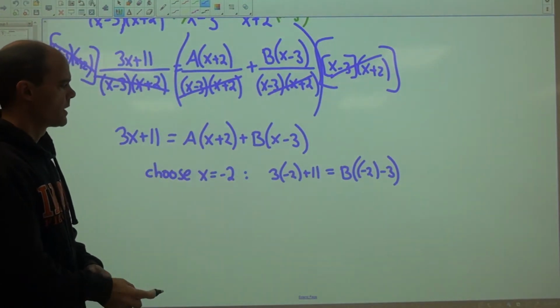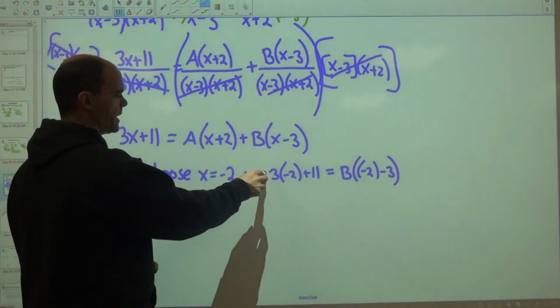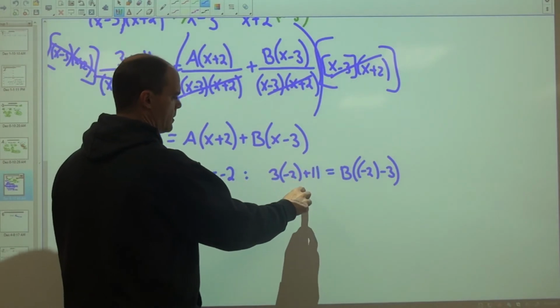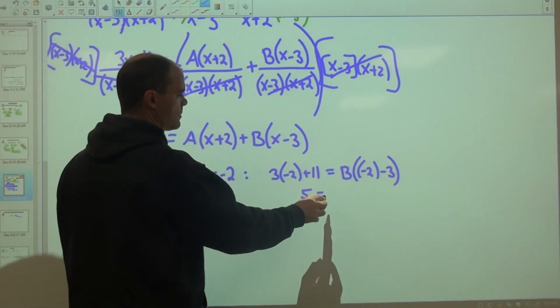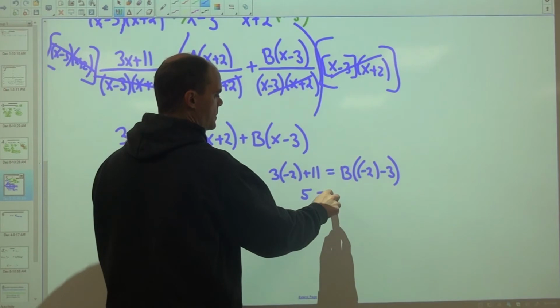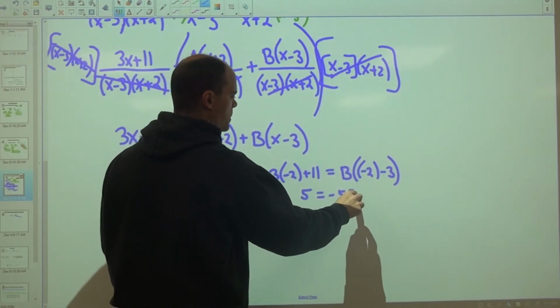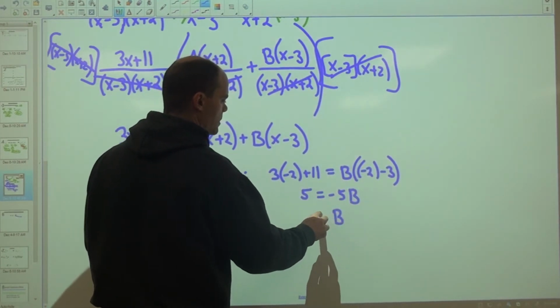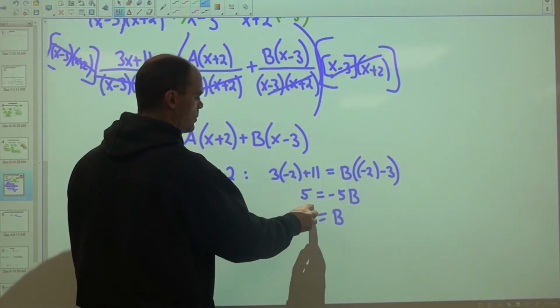And this is very quick algebra to solve. -6 plus 11 will give us 5 equals, -2 minus 3 is -5b, and b equals -1.